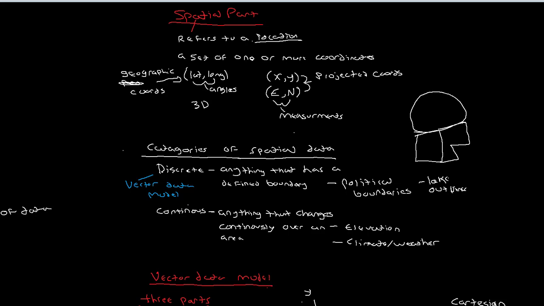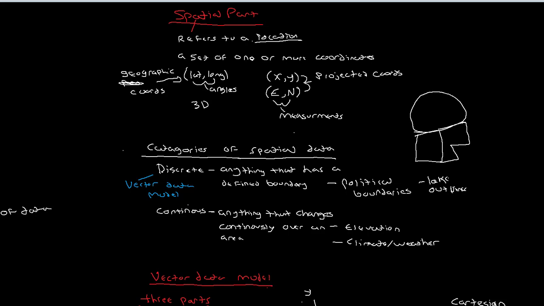And in this lecture video, I want to continue our discussion on the spatial part of spatial data. Specifically, talking about how we can model continuous spatial data. So in the previous video, we talked about vector data having discrete coordinates and being able to measure things with discrete boundaries through points, lines, and polygons.